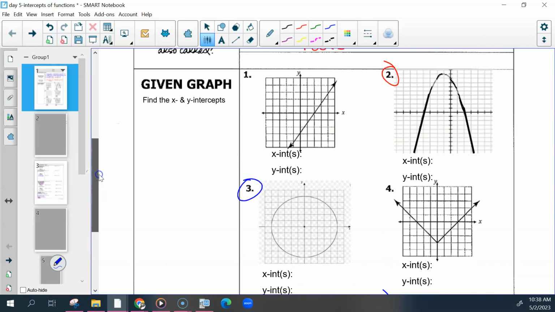Alright, so we'll start with 2. We're looking at where does this cross, it doesn't matter if we do x or y first, but let's say where does this cross the x-axis? At what point? -4. +2. So we're going to write that as ordered pairs. How would we do that?